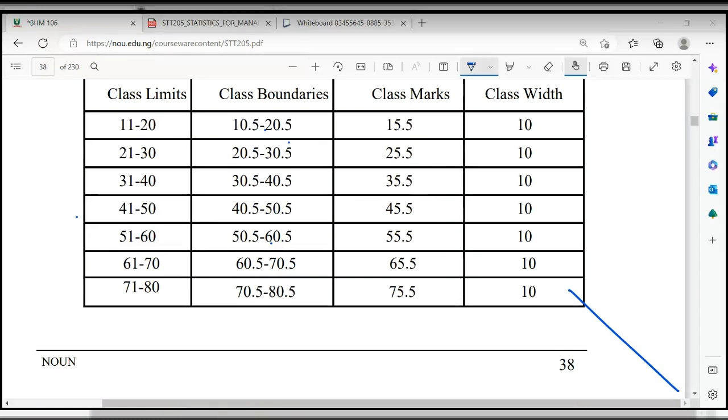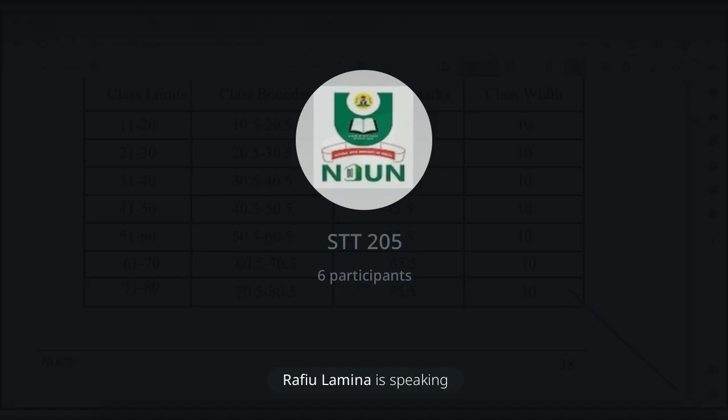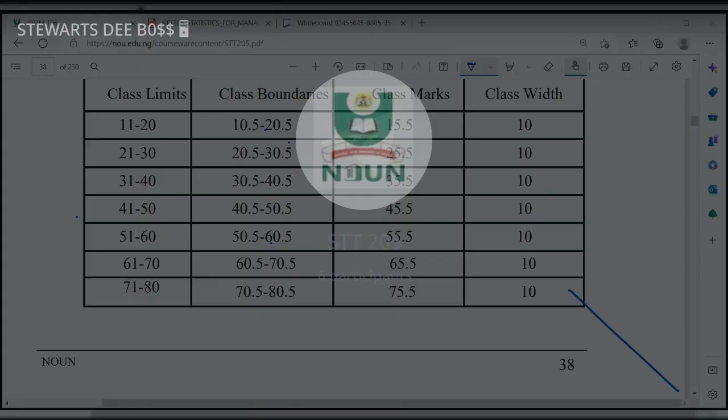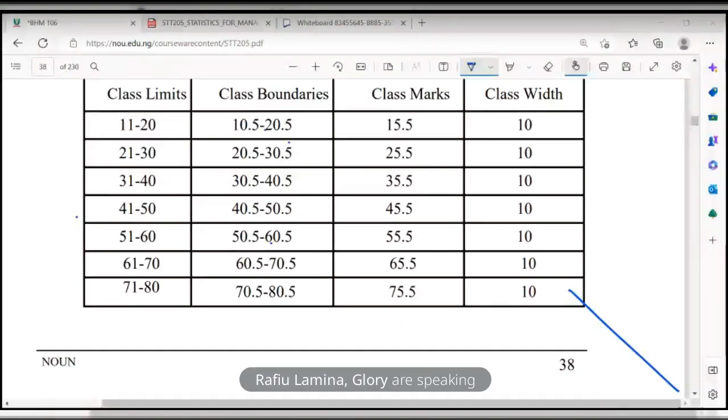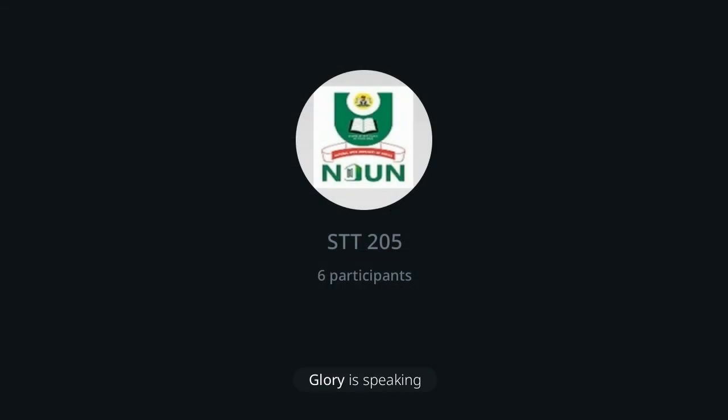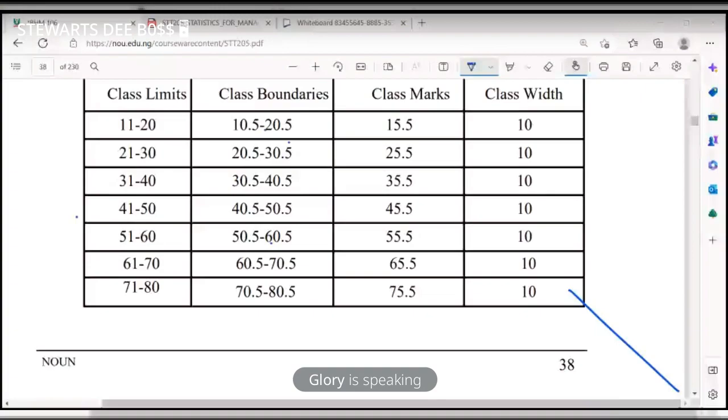Sir, the frequency marks, should we add them to the table? In this class, we are making use of the class boundaries, that is the difference between the lower class boundary and the upper class boundary.